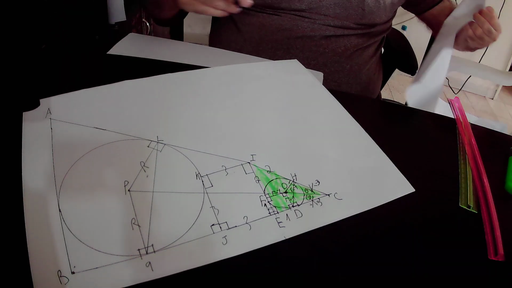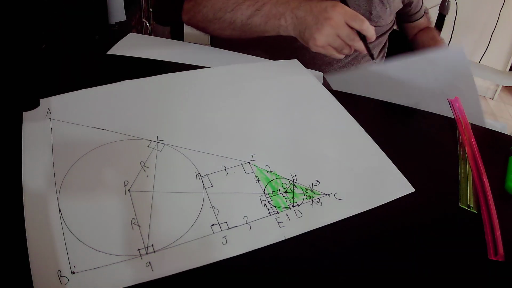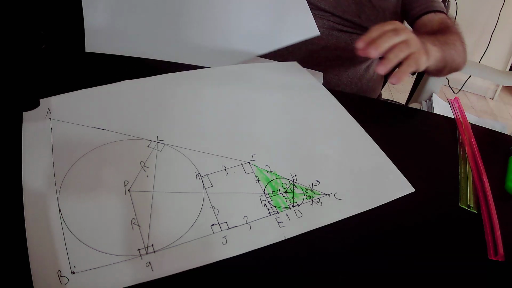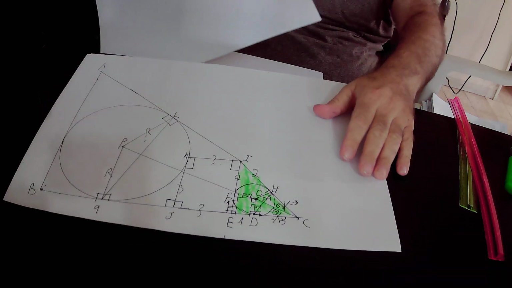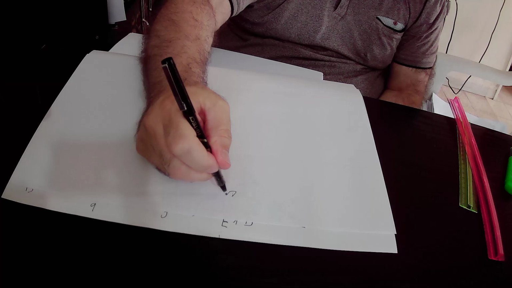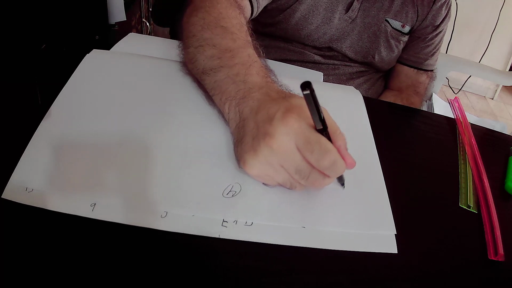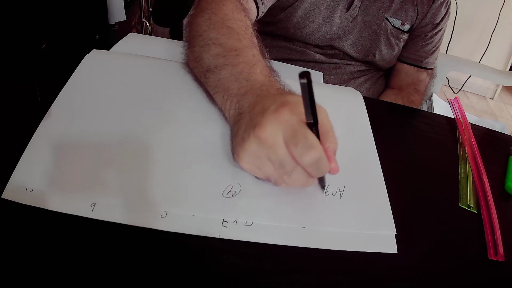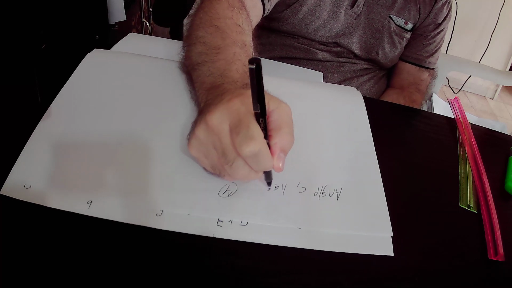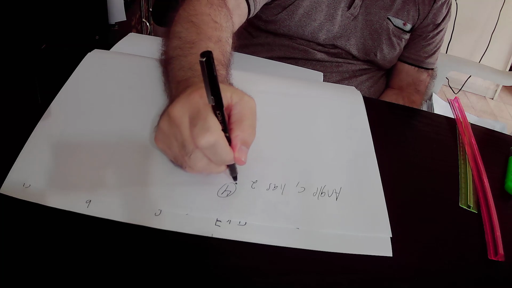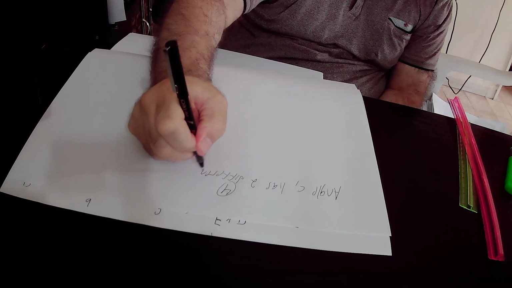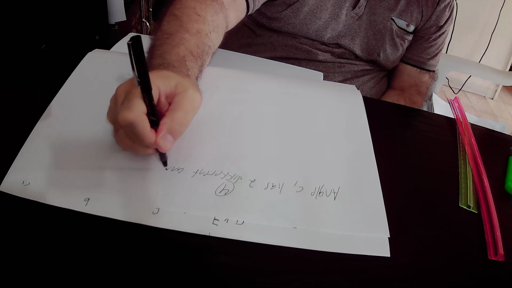So we actually found out that angle C, this angle C, has two different angle bisectors.